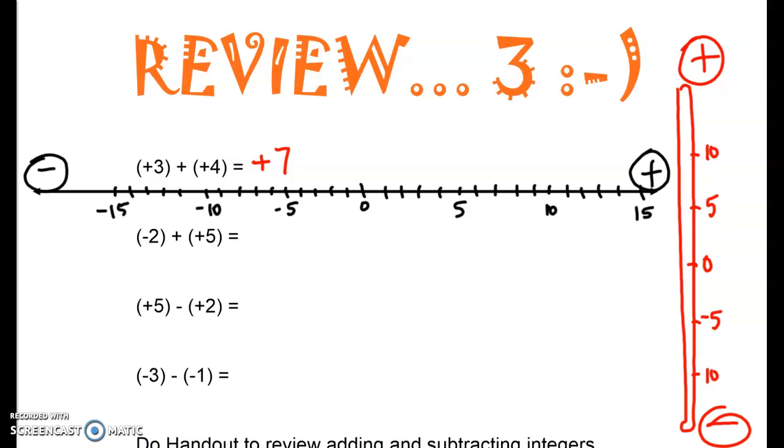Of course, negative would be to the left. So if we start at negative 2 and we move positive 5, 1, 2, 3, 4, 5, our answer would be positive 3.